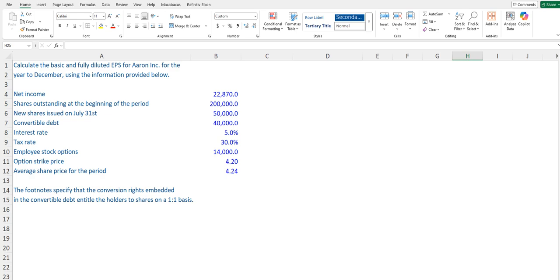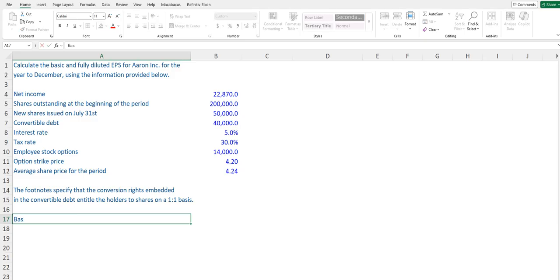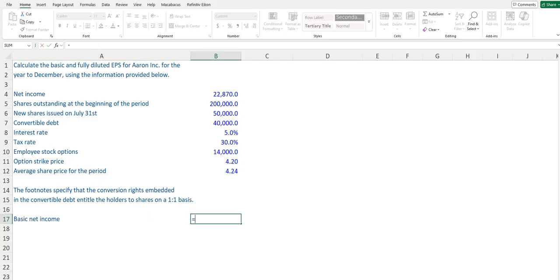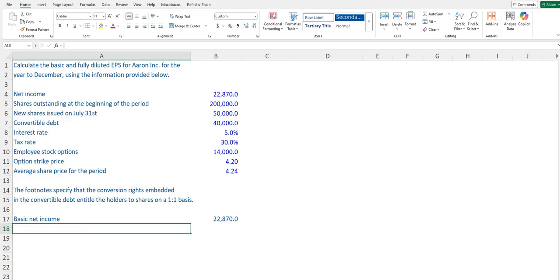Okay, but we want to bring down the net income at first, so we just say basic net income here. We know that the basic net income is 22.8. And then we will say impact from convertible debt.